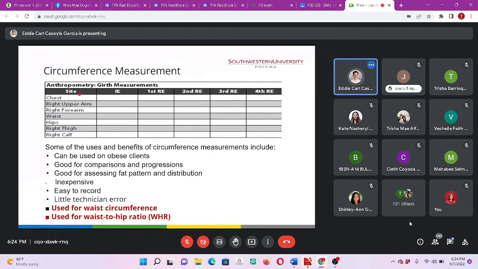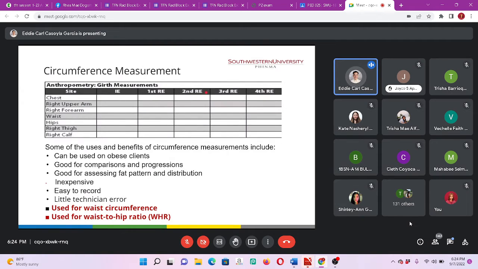There are specific parts of the body that need to be measured: the chest, the right upper arm, the right forearm, the waist, the hips, the right thigh, and the right calf. These are the sites of our body that need to be measured by our assessor.